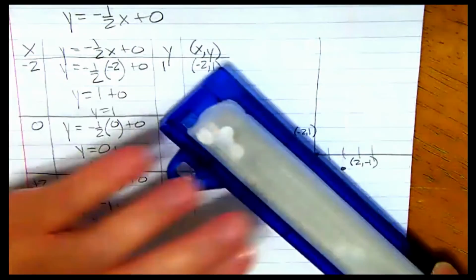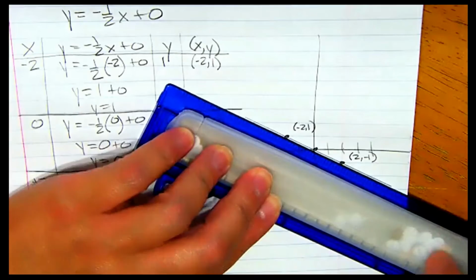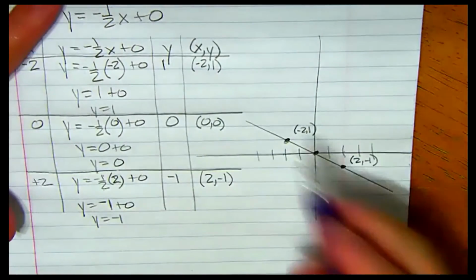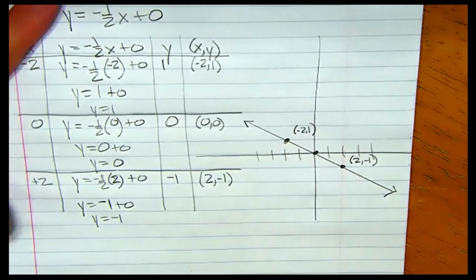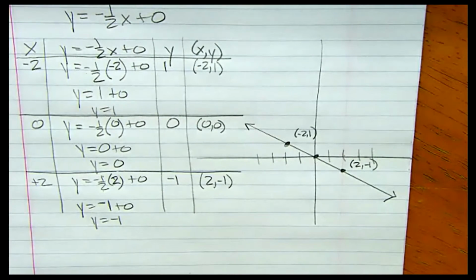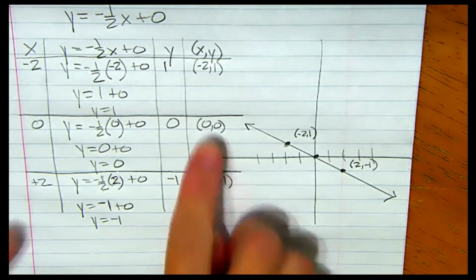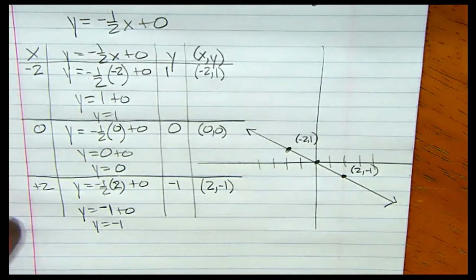And we use a straight edge to connect our points. They are not dots, they are points. Dots are a gummy, fruity candy. These are points. And we've conquered our first objective. We have graphed this linear equation.